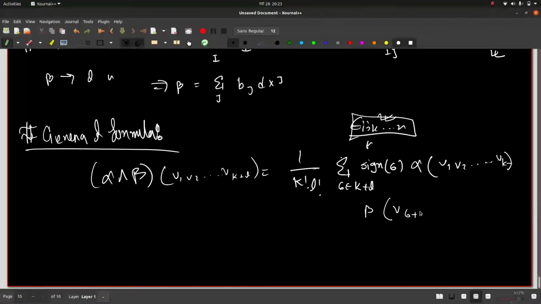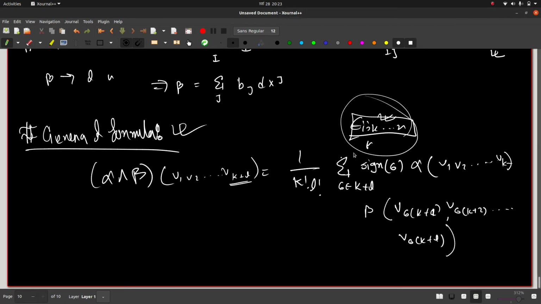It should be starting from k plus l, that means this index, sorry, k plus 1, not k plus l, that should be the last one, and beta will act on v sigma k plus 1, v sigma k plus 2, up to v sigma k plus l. This formula is totally optional. As you can see, it gets very messy. However, if you can use this Levi-Civita symbol, it becomes pretty straightforward.